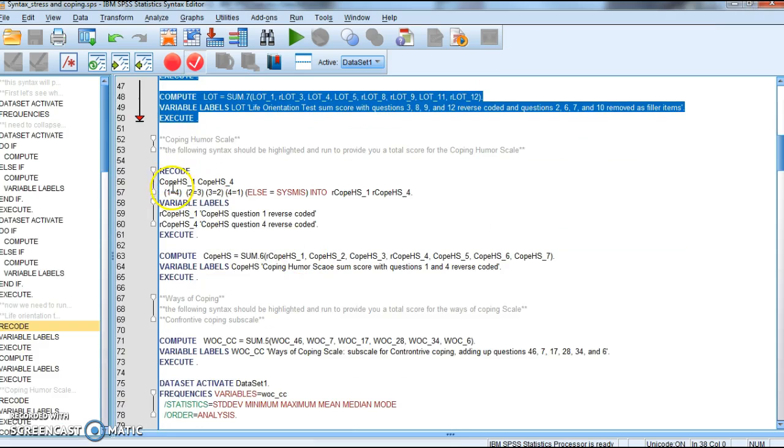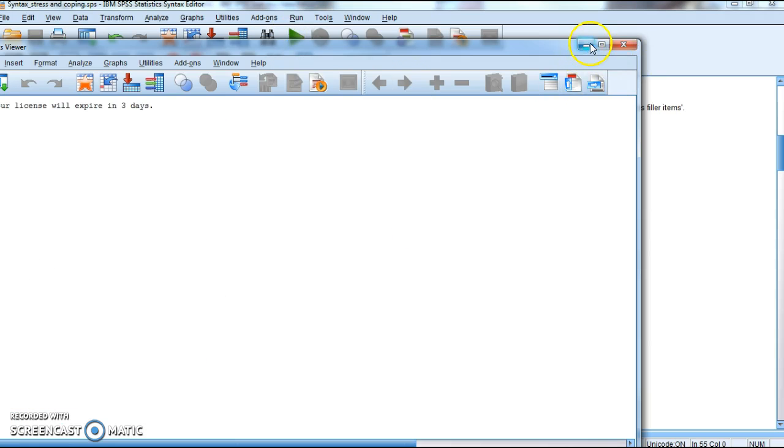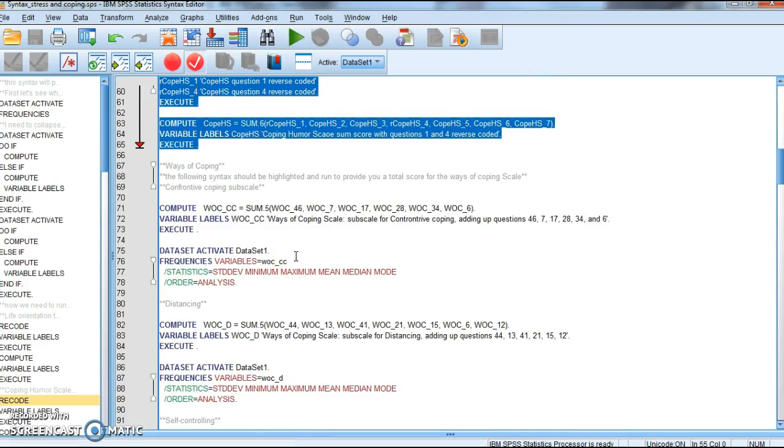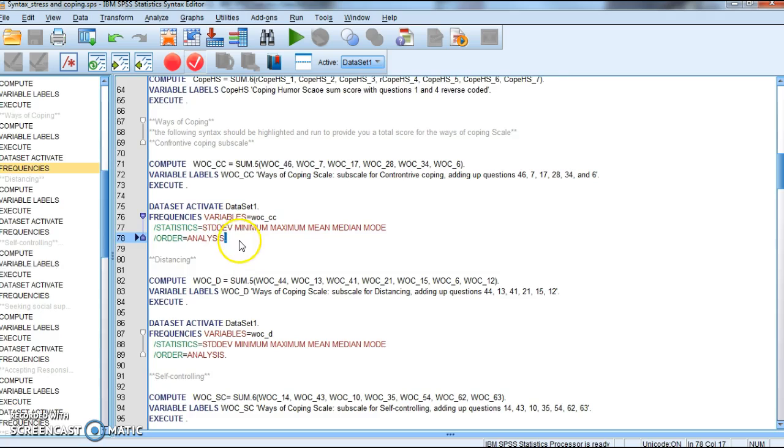Same with the coping humor scale. We had 2 questions that have to be reverse coded, and then it is summed up. Ways of coping. For the ways of coping, as I said, we had 8 different subscales. So we have confrontive coping.